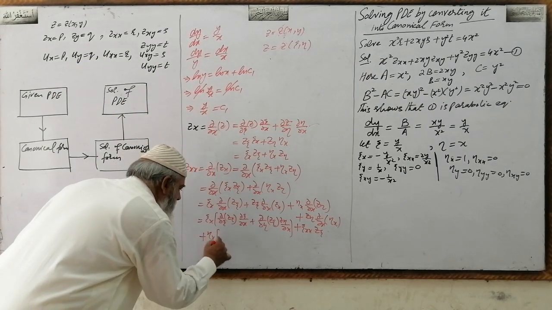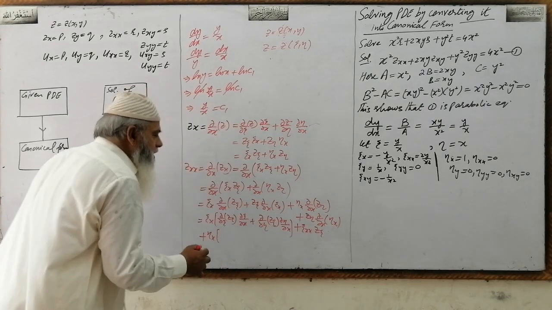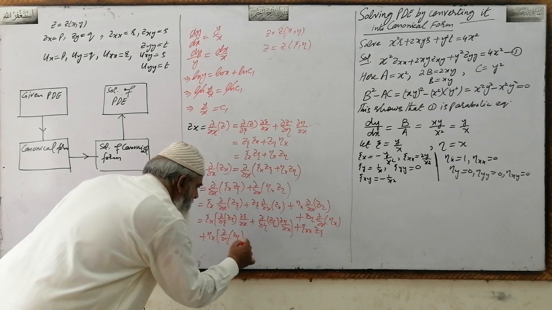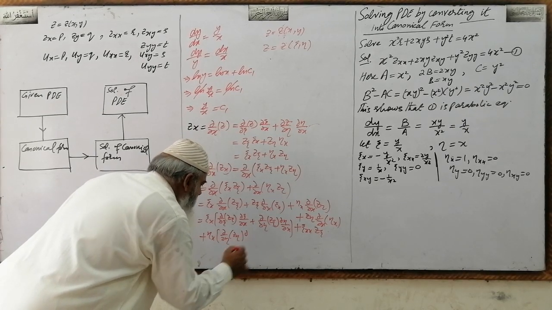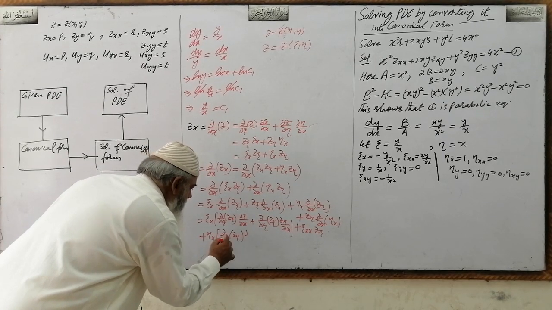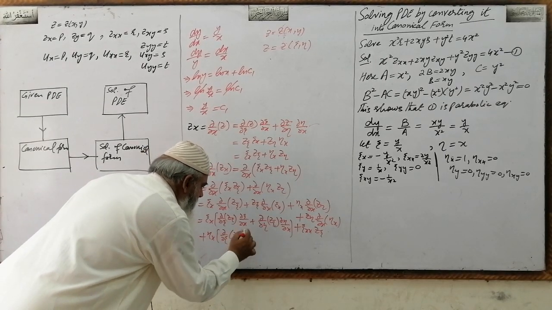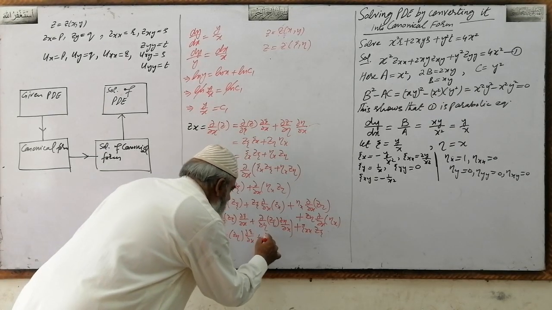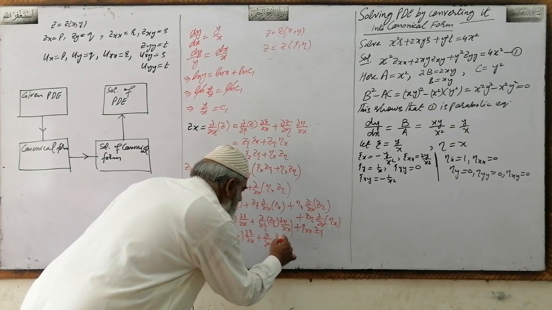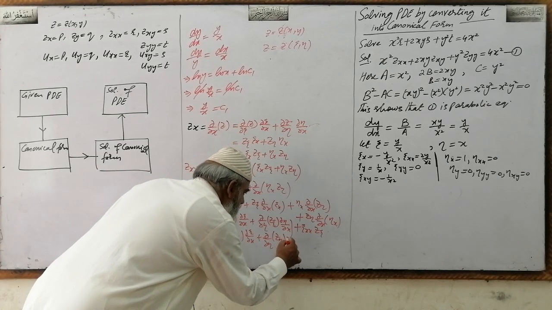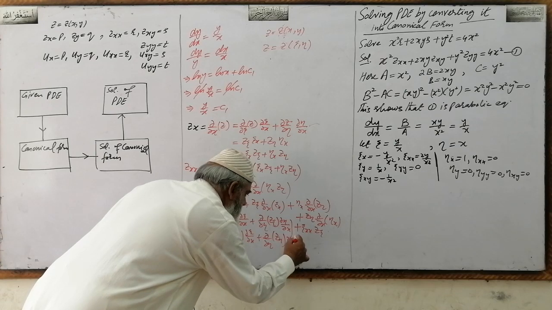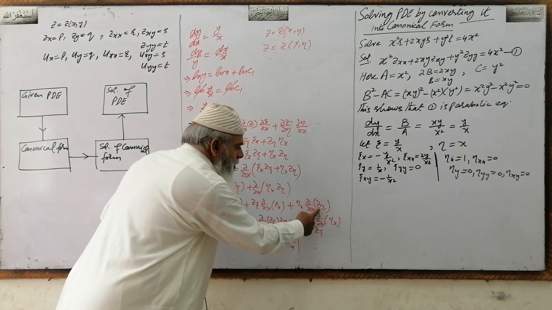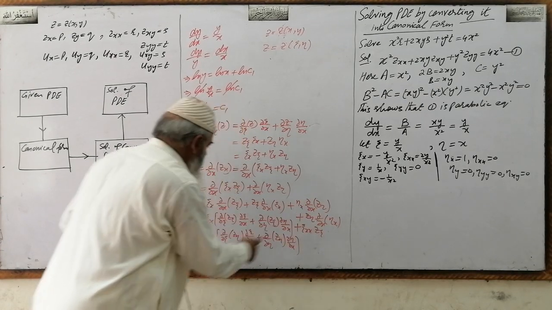keeping eta x as it is and once again applying the chain rule on z eta, we will have partial over partial xi of z eta, and in order to balance it, partial xi over partial x. Similarly, partial over partial eta of z eta, and in order to balance it, partial eta over partial x. And this is what we could do here, applying the chain rule on z eta.